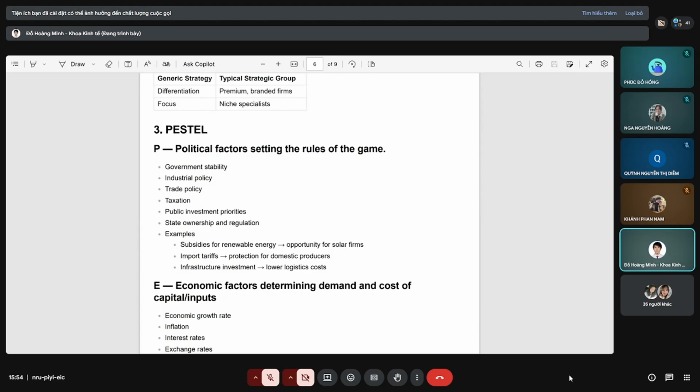That is the reason why the PESTLE model and the five forces model don't compete. They complement each other, so we need both.